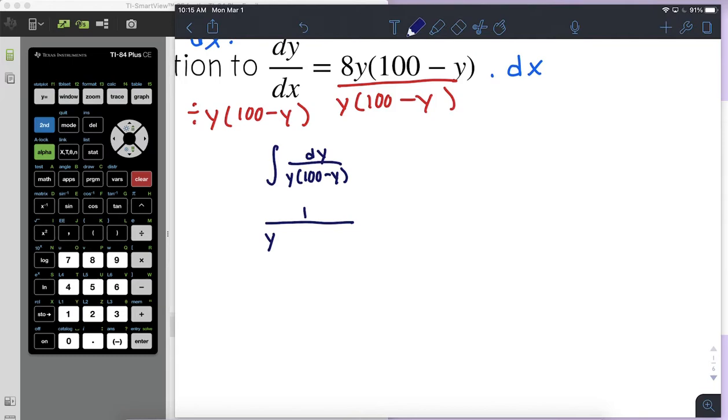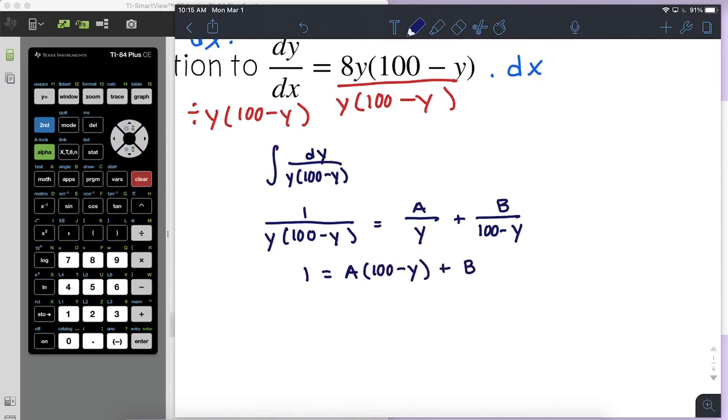My numerator is 1, the denominator is already factored, and that's going to equal my partial fractions of A over y plus B over 100 minus y. If I make common denominators to make the numerator one equation, I'm going to get that 1 is equal to A times 100 minus y plus B times y.